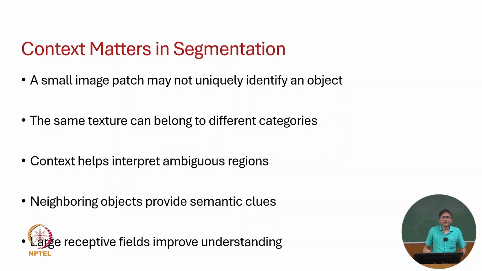So a large receptive field, or the contextual information, the neighboring objects, is what will help us in understanding what object we are actually dealing with in such cases.